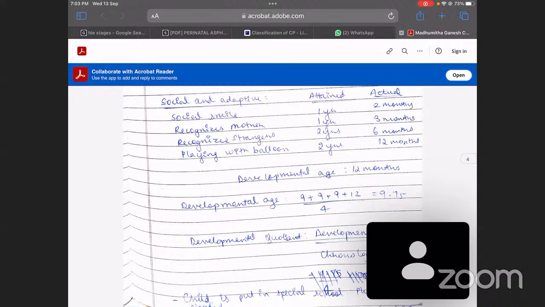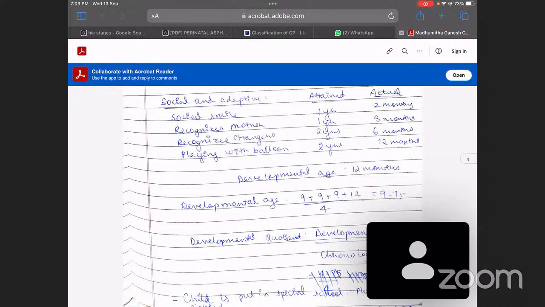We cannot tell with this history, but another thing you should see is whether it's a progressive versus static developmental delay. Why is this important?